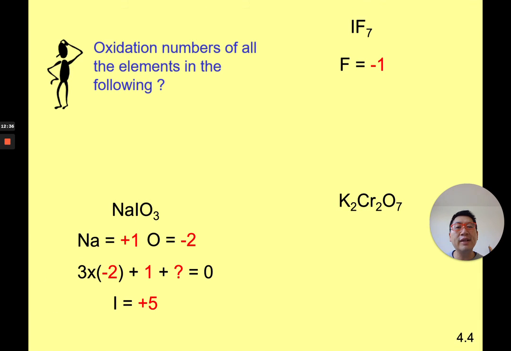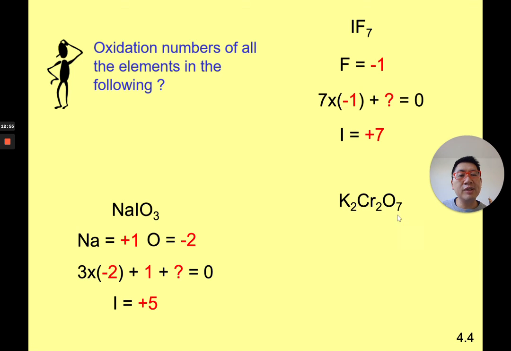Knowing that fluorine is always -1, and I have 7 fluorines, so that's 7 -1s, plus whatever iodine's charge is adds up to 0. Iodine obviously must have a charge of +7.